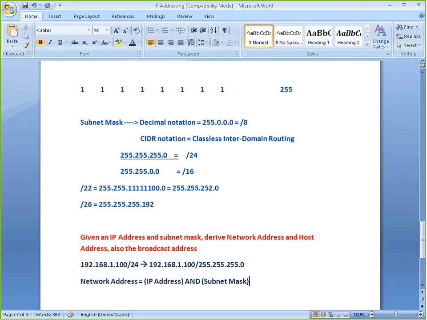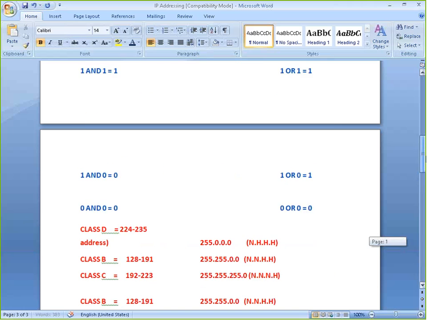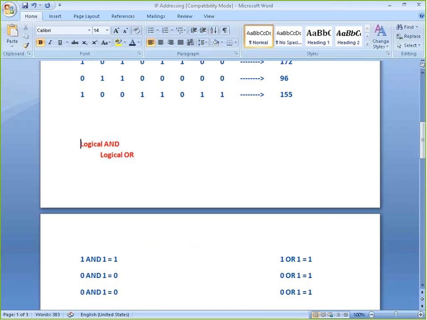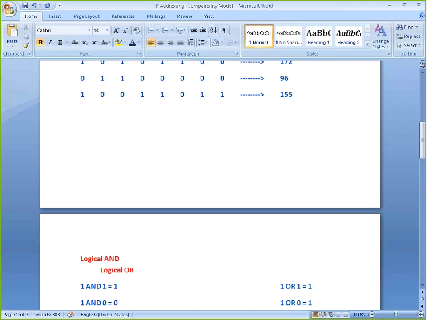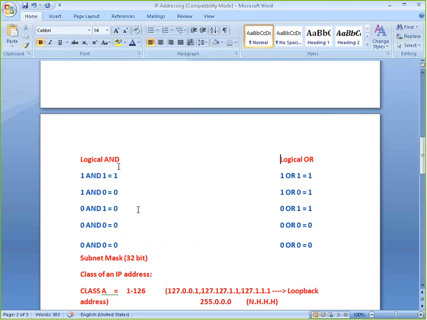Now, just to recollect the AND logic and the OR logic that we covered yesterday, I'll take you directly to that section here. These are the two logics we talked about yesterday, and this is the section we are focusing on.